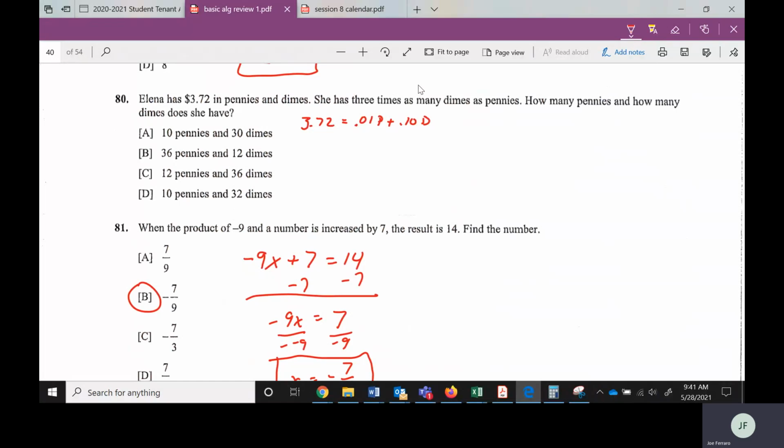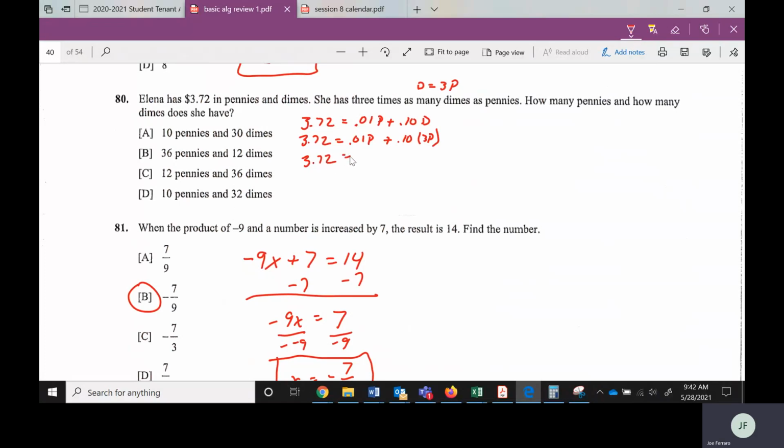Okay, so the number of dimes is 3 times the number of pennies, because it says she has 3 times as many dimes as pennies. So if she had 10 pennies, she'd have 30 dimes. Okay, so now we're going to rewrite this. We'd have 0.01 times P plus 0.10 times D, which is 3P.